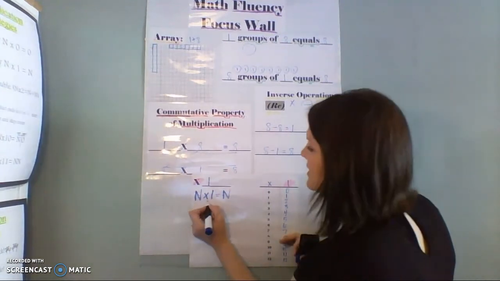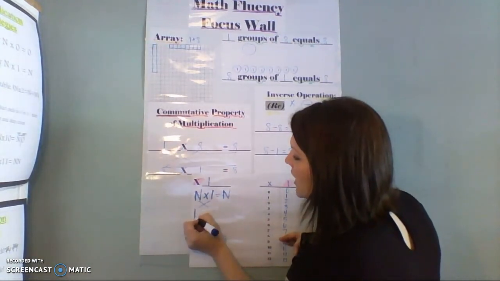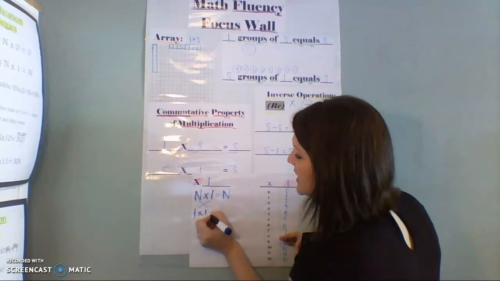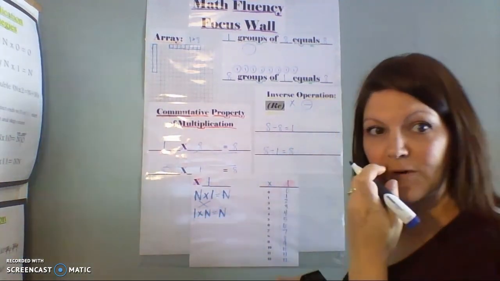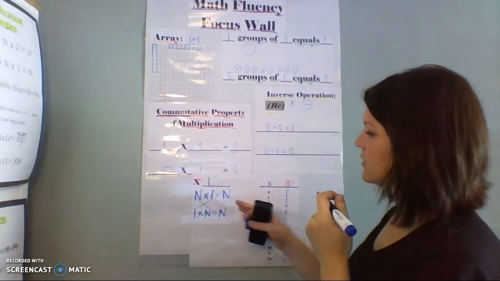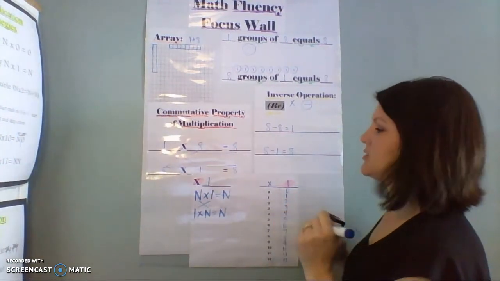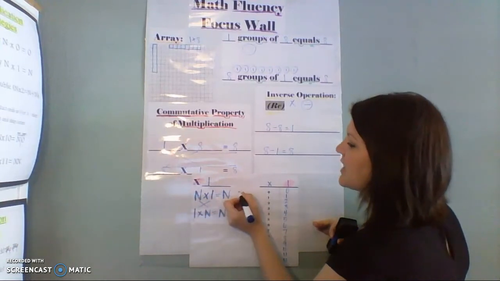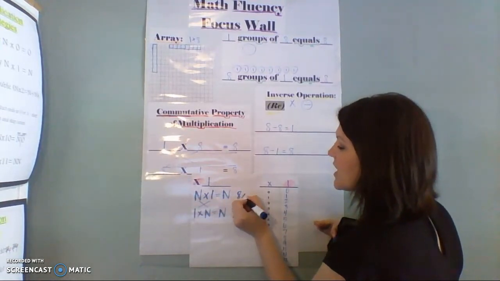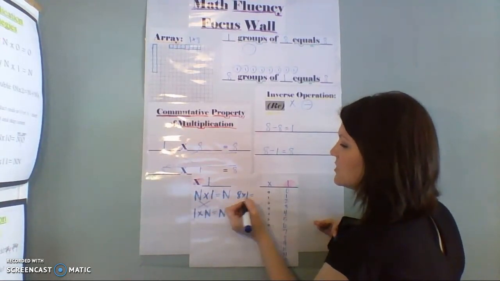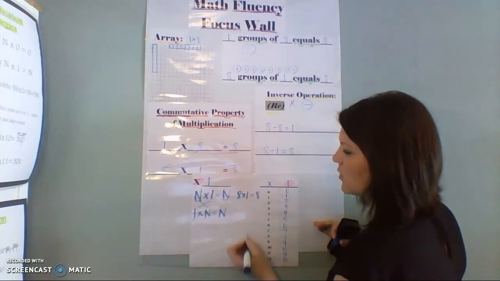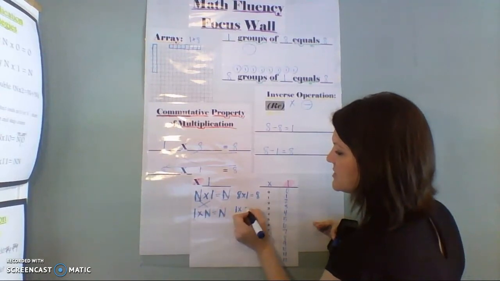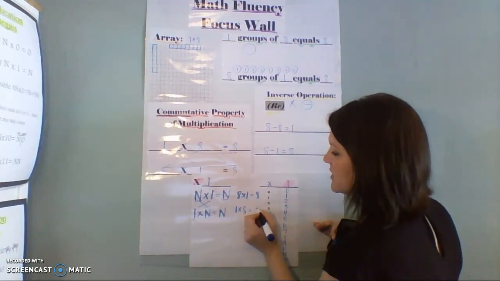So we could say 1 times any number equals that number. And if we want to do an example of each of those, we're going to go ahead and do that. That's what we normally do in class, right? So we could say 8 times 1 equals 8. Or 1 times 8 equals 8.